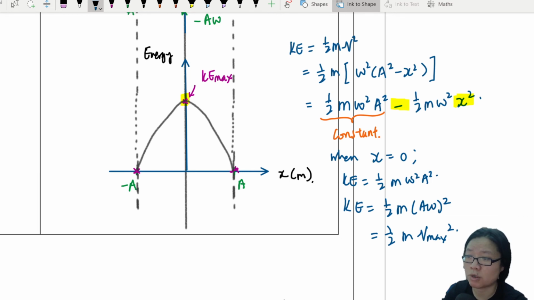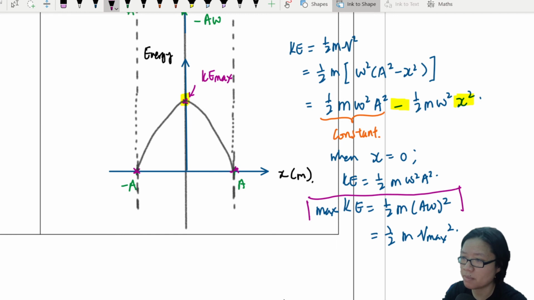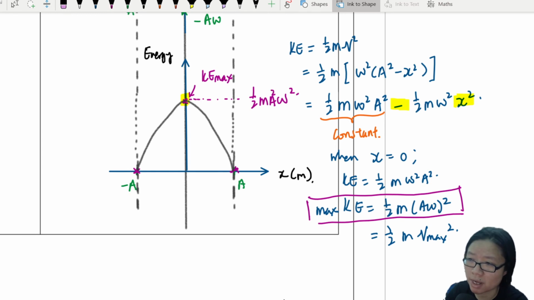So if you want to find the max KE, maximum KE will be half m a square omega square. I think it's better to put the square in because sometimes transfer error is possible for everyone.